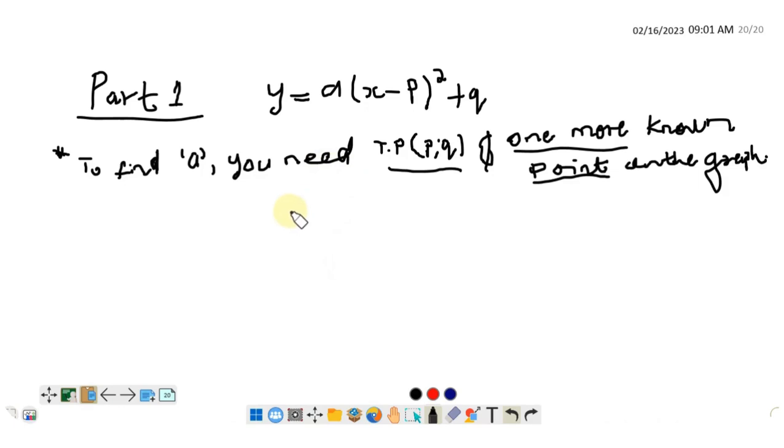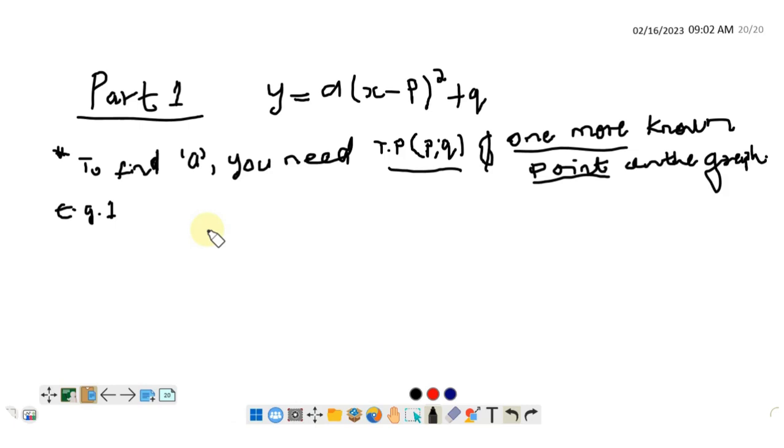So let us look at an example. Example 1. For example 1, I'm going to use the mother graph. Remember when you did the exponential, we had a graph that didn't have p and didn't have the shift. We said that is the mother function because it does not have the vertical and horizontal shifts.